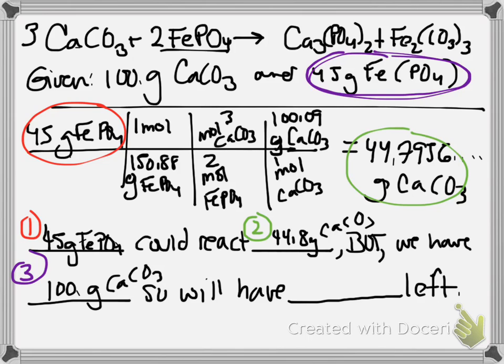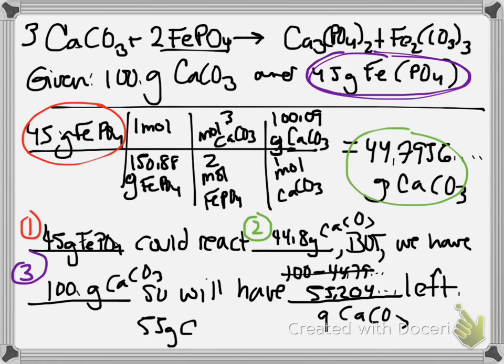So we're going to have 100 minus 44.79, etc., or 55.204, etc., grams of calcium carbonate left. If we actually only have 2 sig figs for this, it would be 55 grams of calcium carbonate left. See how to use the sentence to make sense of the numbers?